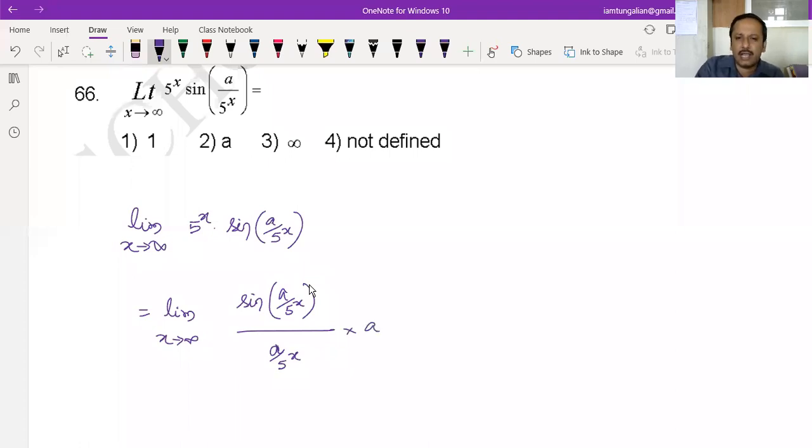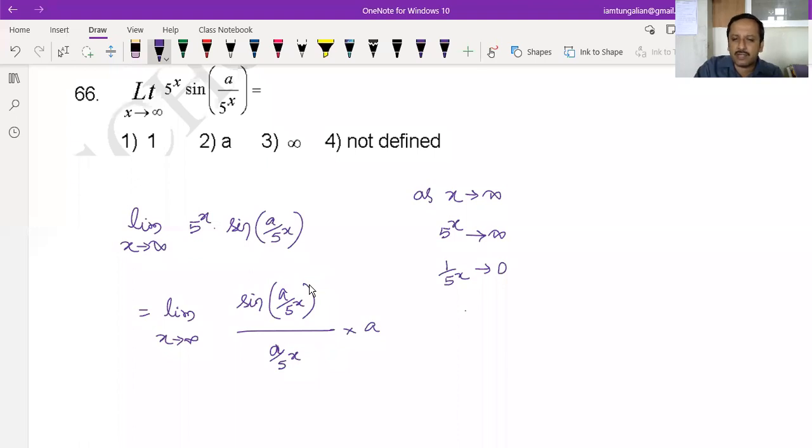Now, listen to this very carefully. As x tends to infinity, 5 power x will also tend to infinity. When 5 power x tends to infinity, its reciprocal 1 by 5 power x will tend to 0.